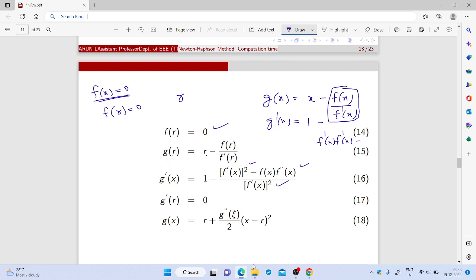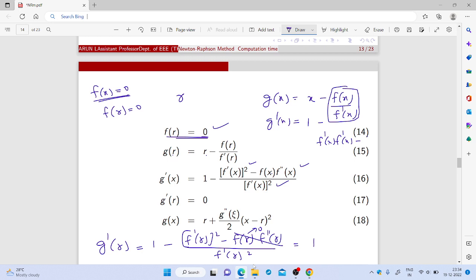Now if you put x equal to r here, you can see that g dash of r will be 0, because g dash of r is 1 minus f dash of r whole square minus f of r into f double dash of r, by f dash of r whole square. Here f of r is 0 from equation number 14, so this term will vanish.